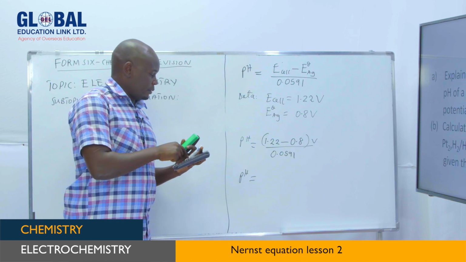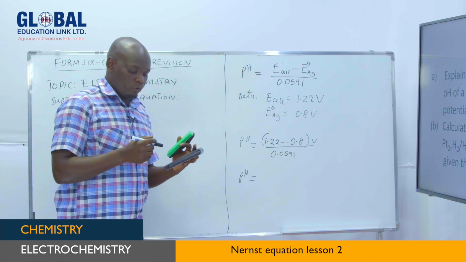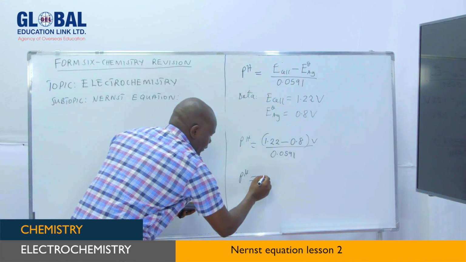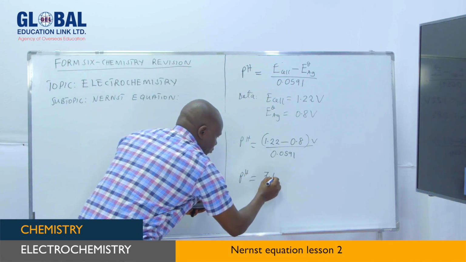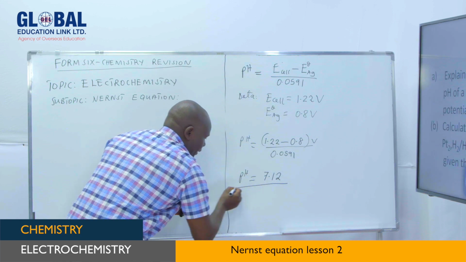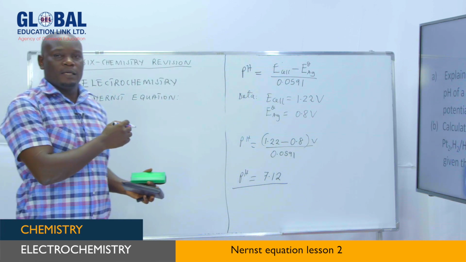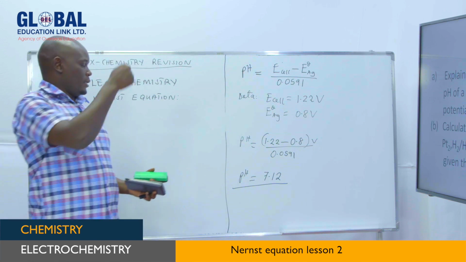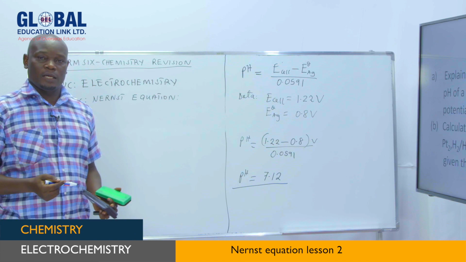The answer is 7.12. So our pH here will be equal to 7.12. That will be the pH of that solution in which the hydrogen electrode is immersed.